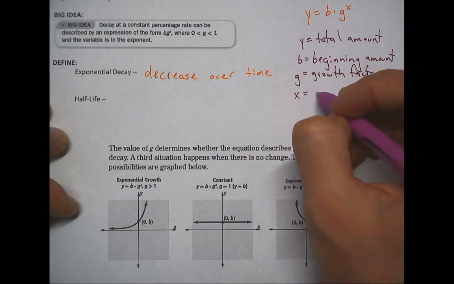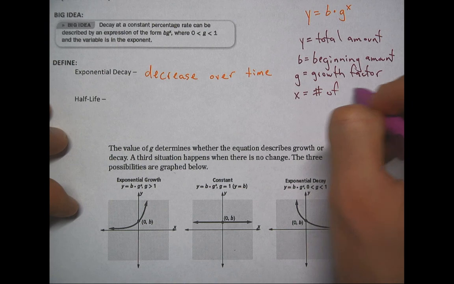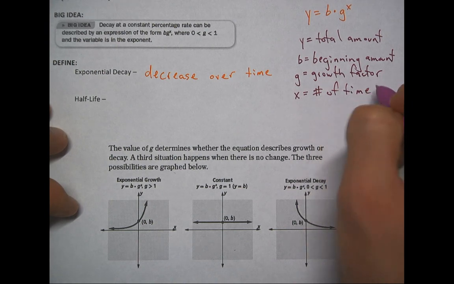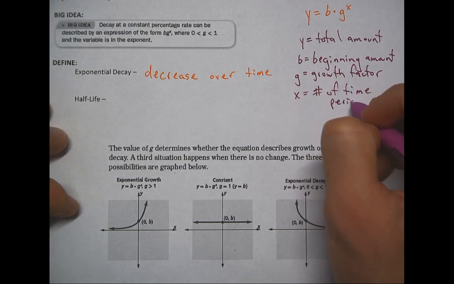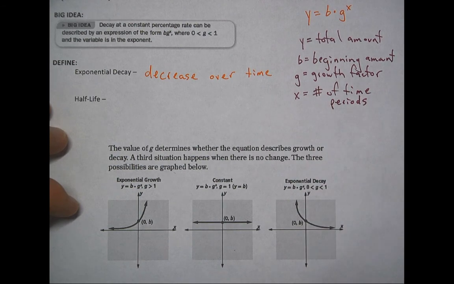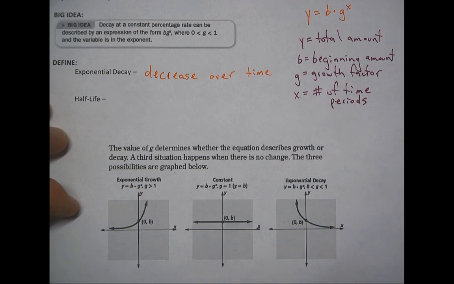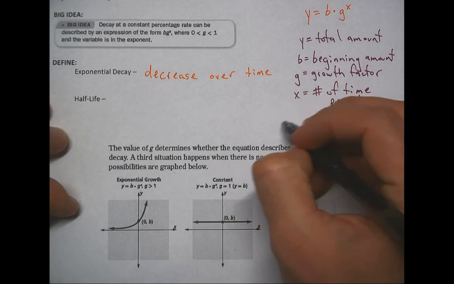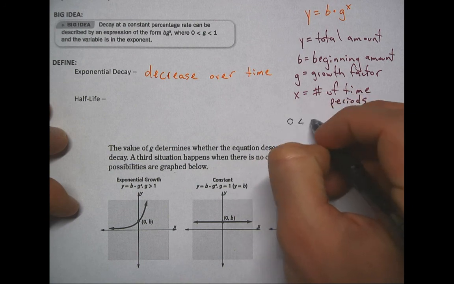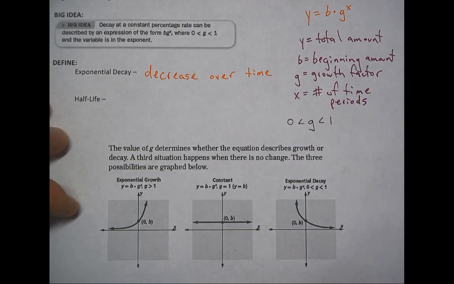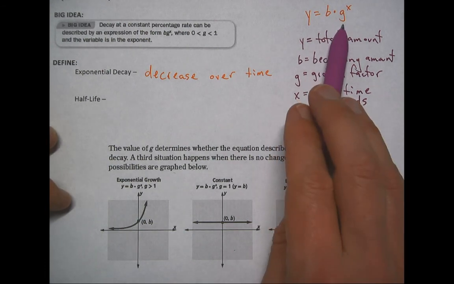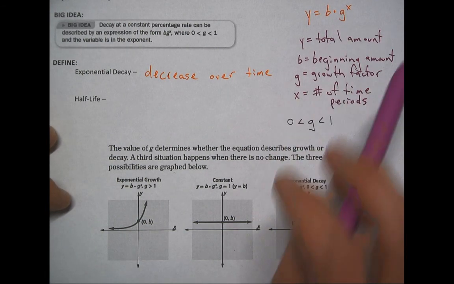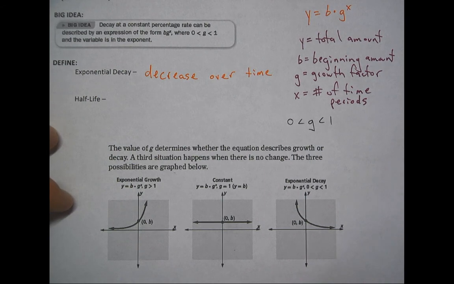X represents number of time periods, so that hasn't changed. But the most important part of this whole thing, for this to be decay, g is between 0 and 1. Okay, so as soon as we change g to a number that's between 0 and 1, we have decay. When g is greater than 1, we have growth.